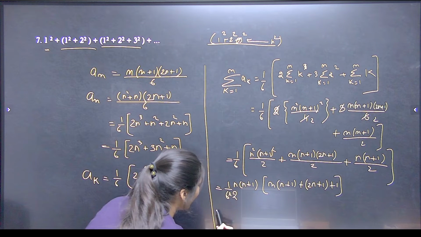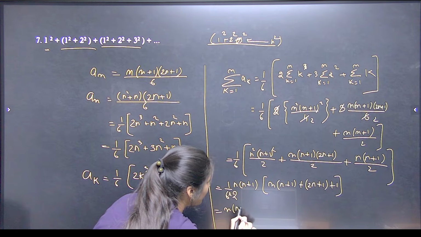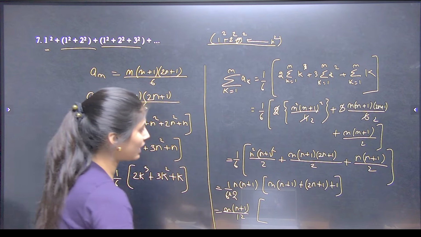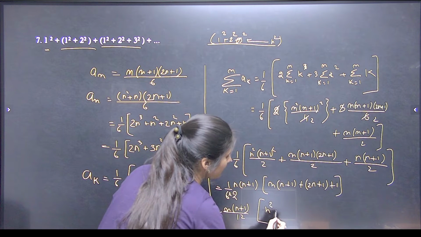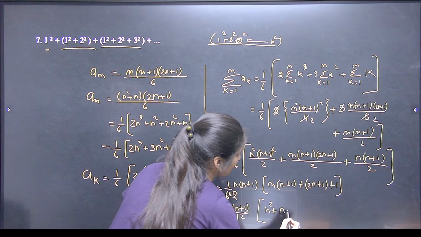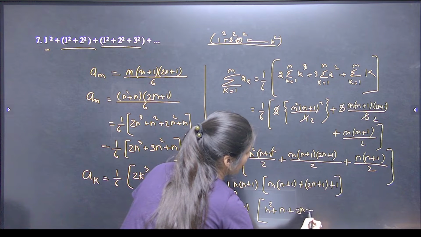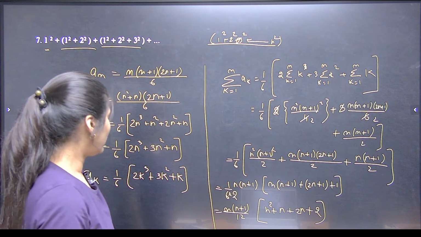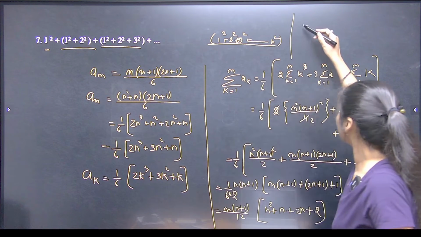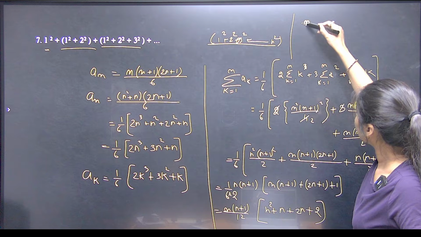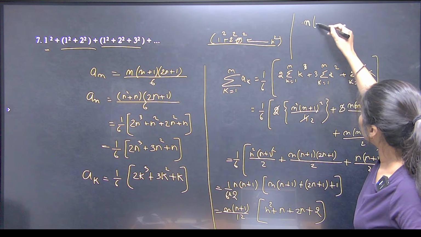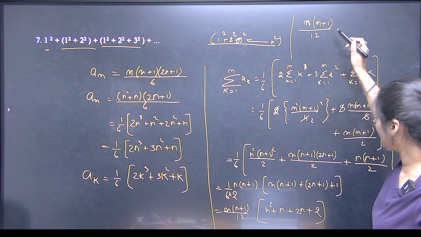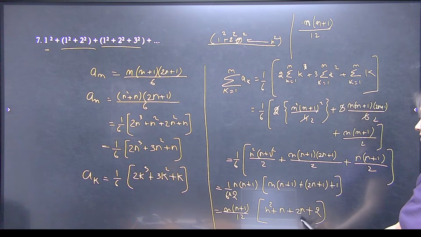Okay, so what we have here? (n plus 1) by 12. And this part will give n square plus n plus 2n plus 1 plus 1 2. Okay, so in the next part we have (n plus 1) by 12, and here we have n square plus 3n plus 2.